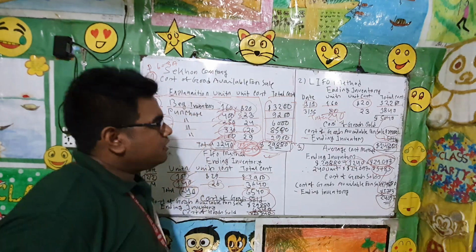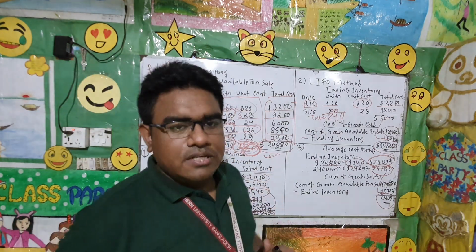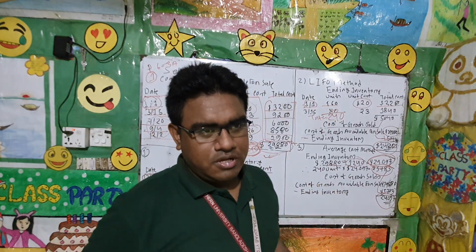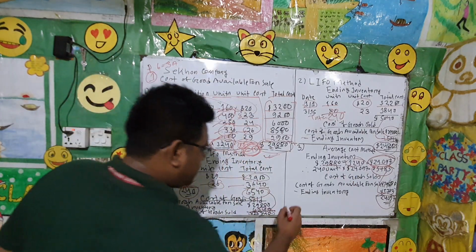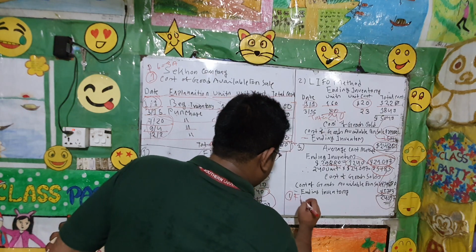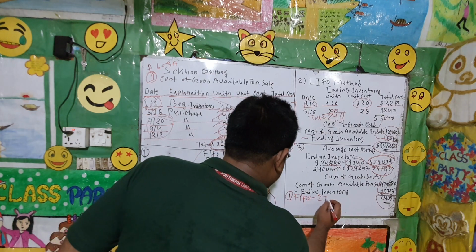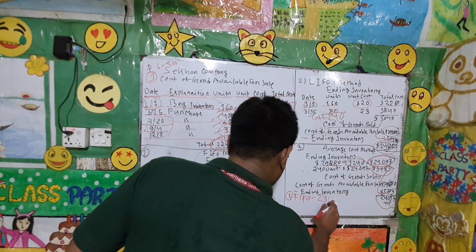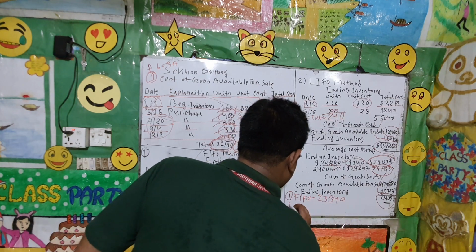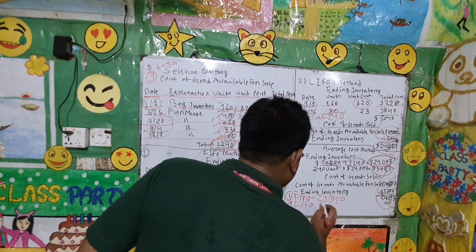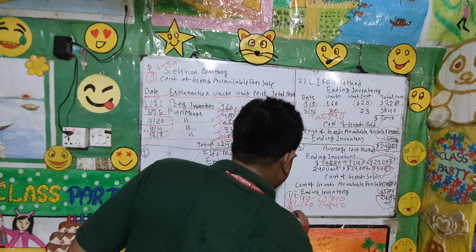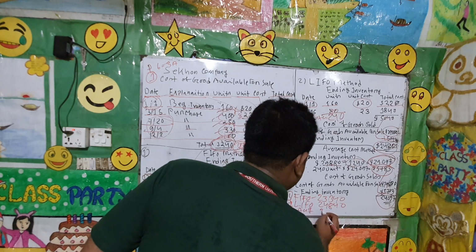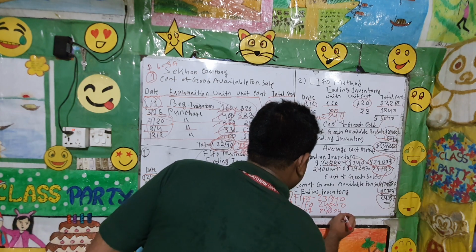Okay, so using these three inventory costing methods, we have got three cost of goods sold. FIFO cost of goods sold is 23,340. Number two, LIFO cost of goods sold is 24,840, and number three, average is 24,097.